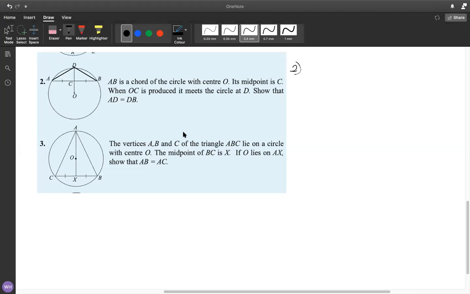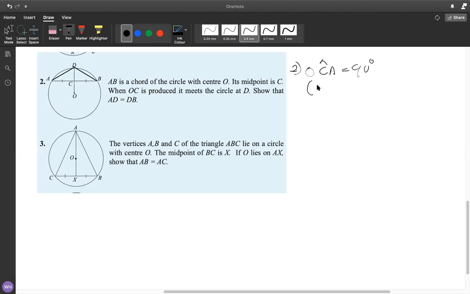All right, so going on with this, its midpoint is C and OC is produced. Okay. So you can clearly see that angle OCA equals 90 degrees. What is the reason?